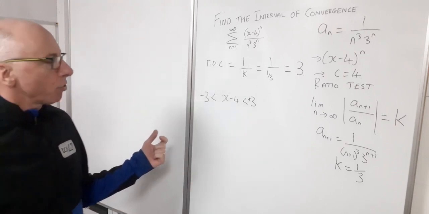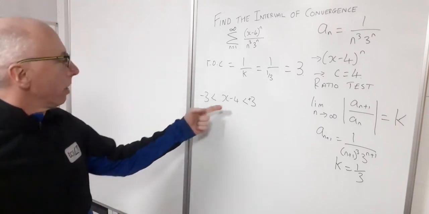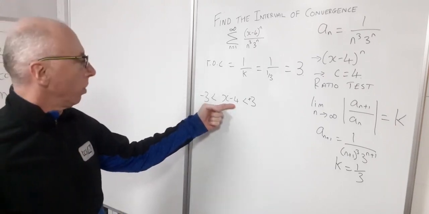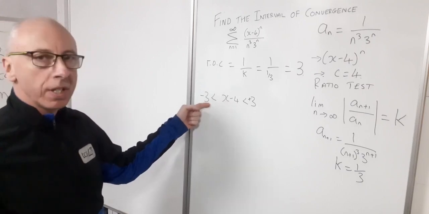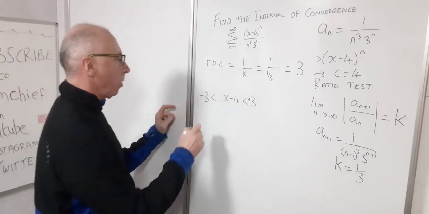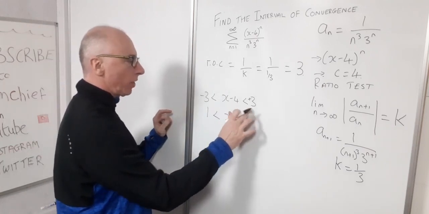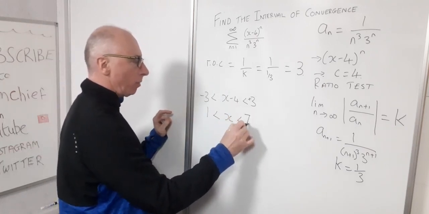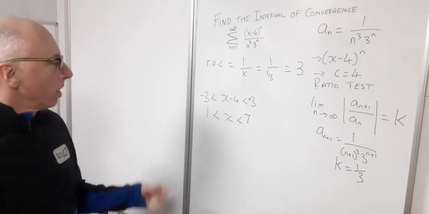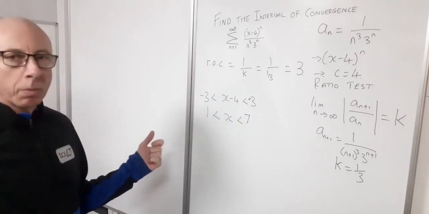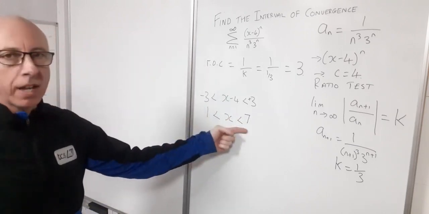And now what I want to do is try and solve for my x. So using inequality laws, if I add 4 to this side, I'll get 1 and leave my x there. So I'll also need to add 4 to this side. So then that will also be 7. So my interval of convergence will be between 1 and 7.